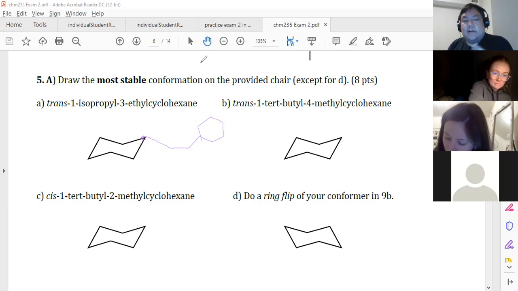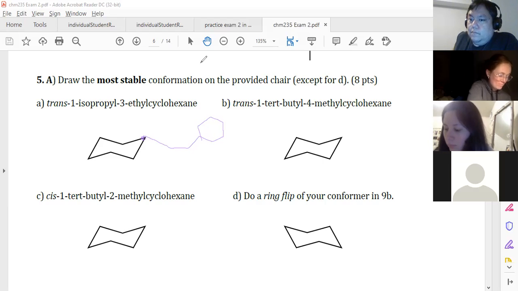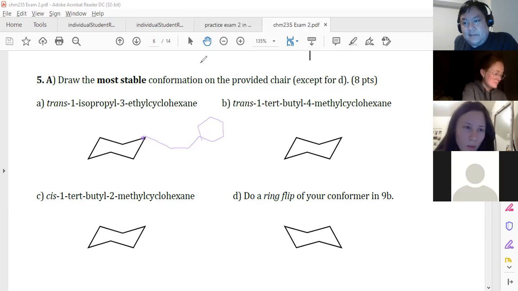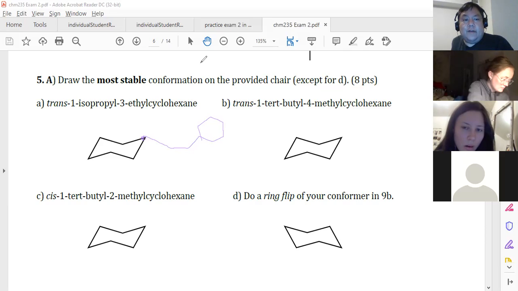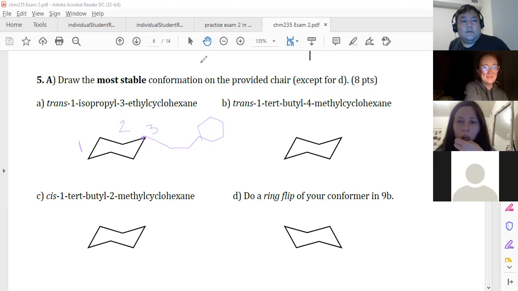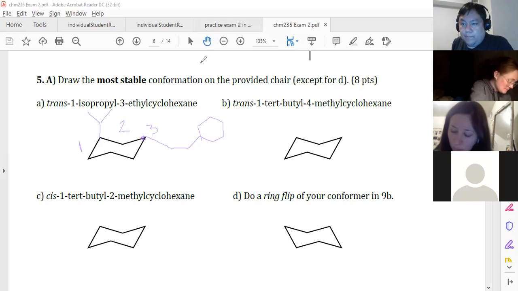So do you want to count to my left or to my right, or does it matter? It doesn't matter, right? Just as long as you are consistent. So if this is 3, you are 2, you are 1. So since this is trans, does my isopropyl need to be pointing up or down? It needs to be pointing up. Yep, I think Gwen said up. She was muted. Yeah, sorry, I didn't realize I was on mute. No, that's fine. So this is going to be up isopropyl, and that's it.